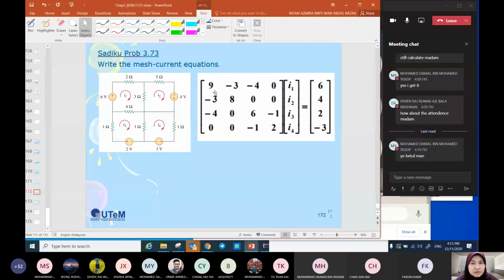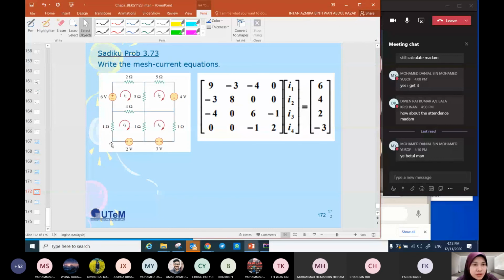How about I4? No I4. So 0 I4 equal to 6. In loop 2, how many I1? Only 3, right? So minus 3, plus how many I2? 5 plus 3, 8. How about I3 and I4? No, no shared resistance with I3 and I4.